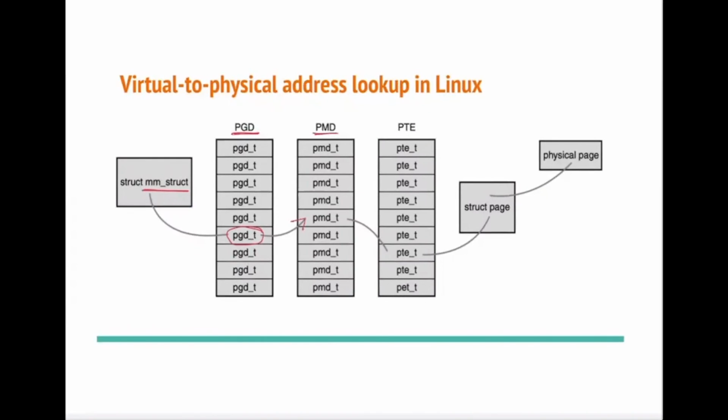This is the page middle directory, the intermediate page table, and this page table gives us the actual mappings between the physical RAM and the virtual address. Based on the page table entry, we get the address of the physical RAM. This is how we translate the virtual address space of a particular process to the physical address space inside RAM.